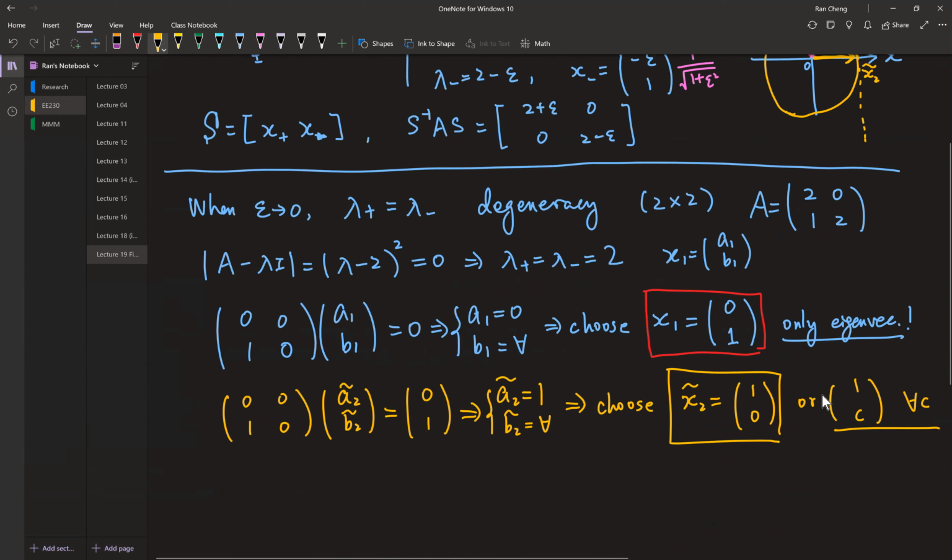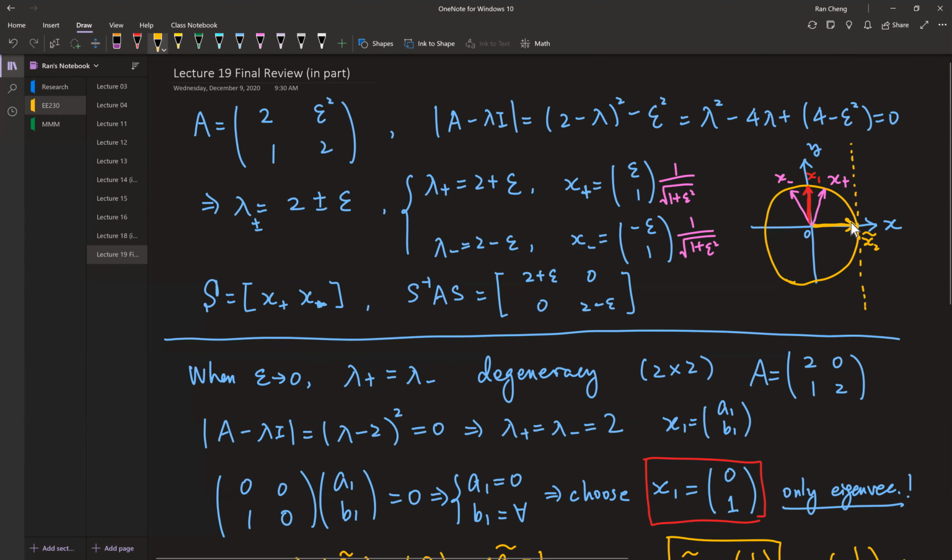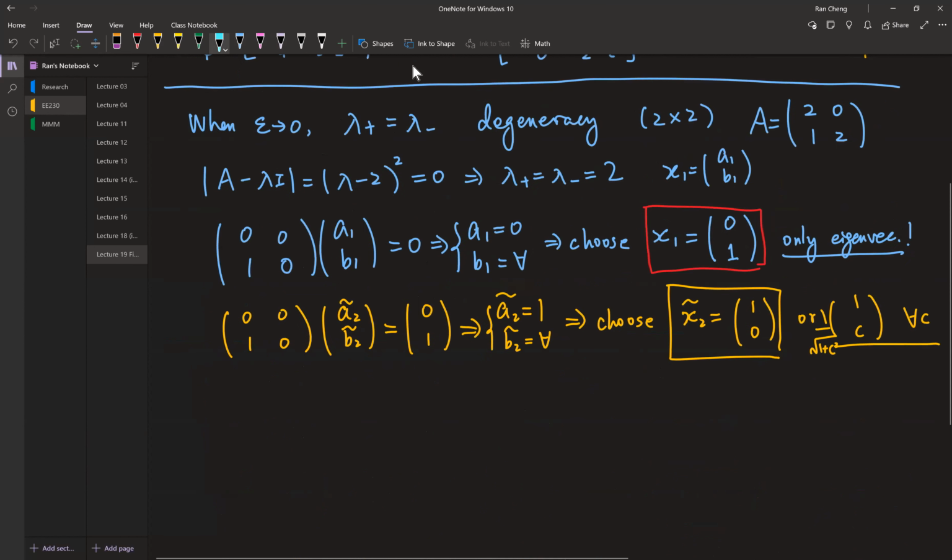After normalization, if we give it 1 over 1 plus c squared, then unless c is infinity, the choice of x2 tutor can be anywhere in the first and the fourth quadrant, but just not include the y-axis. So here, this is going to be very interesting.